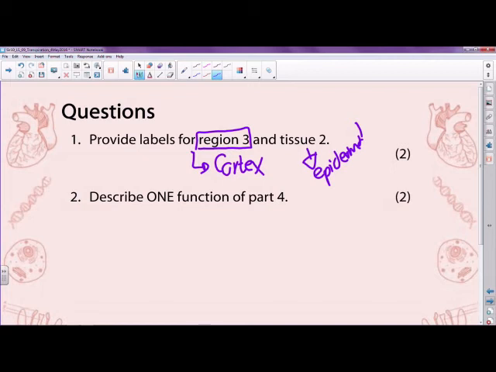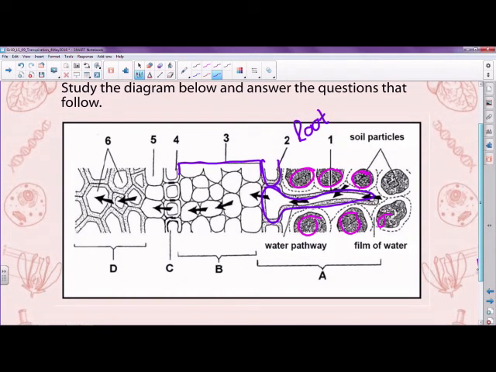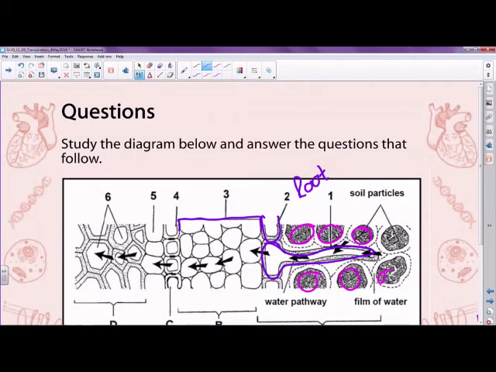Now, question number 2 says, describe one function of part number 4. And part number 4, here we go, is this one over here. And that is your endodermis with your Casparian strips.